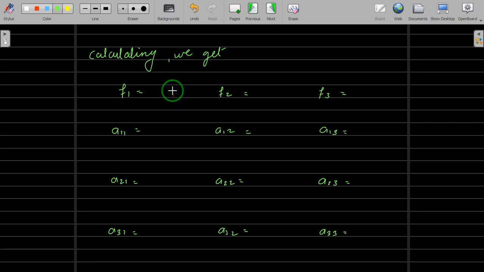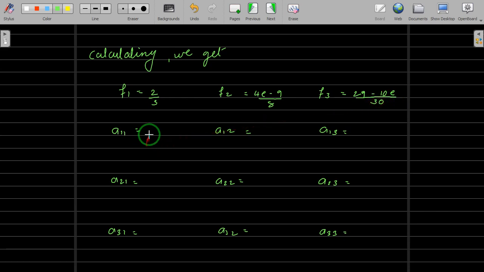Or you take the values what we have calculated. This may be with some errors. f1 is 2 by 3, f2 is (4e minus 9) upon 8, f3 is (29 minus 10e) upon 30.